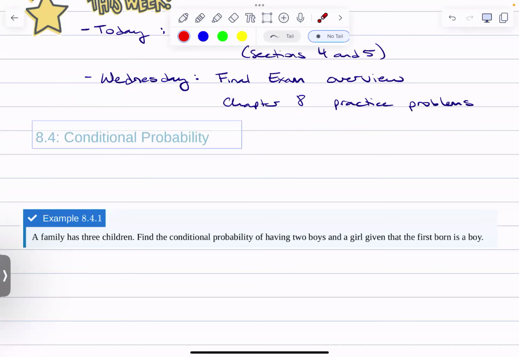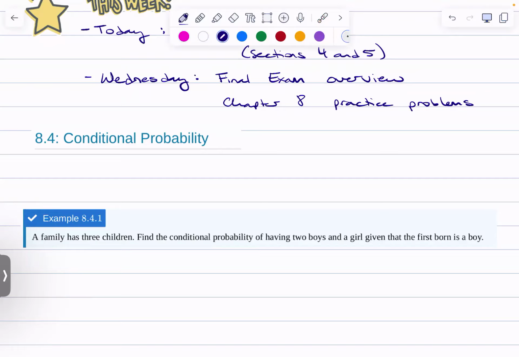So we've been working on probability, and we haven't called it conditional probability, but we have seen conditional probabilities already. Okay.